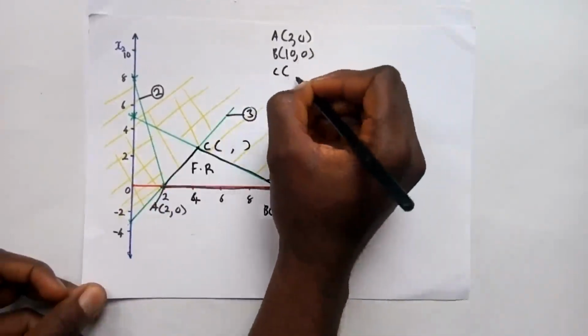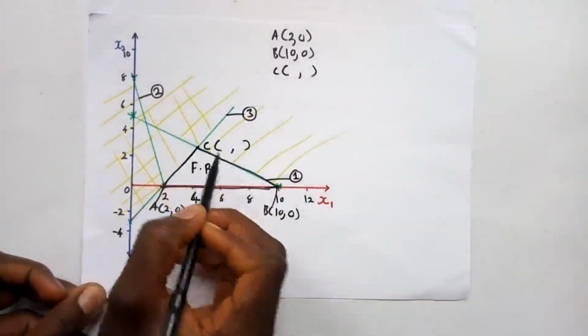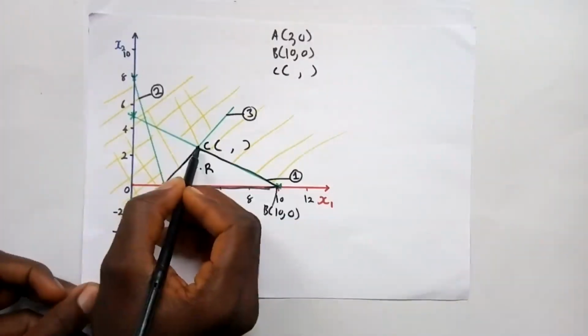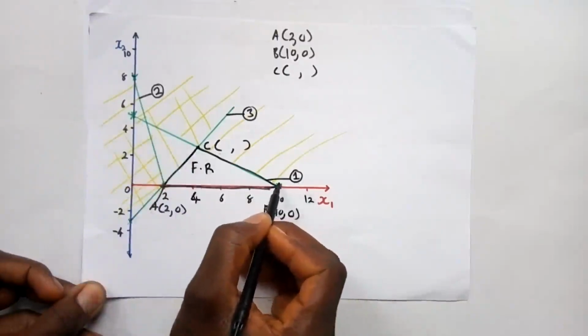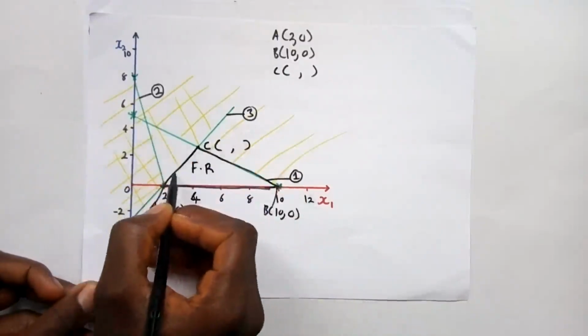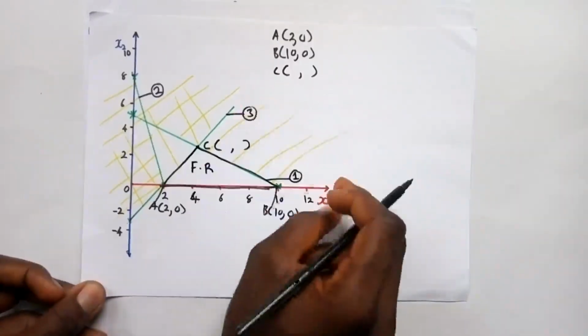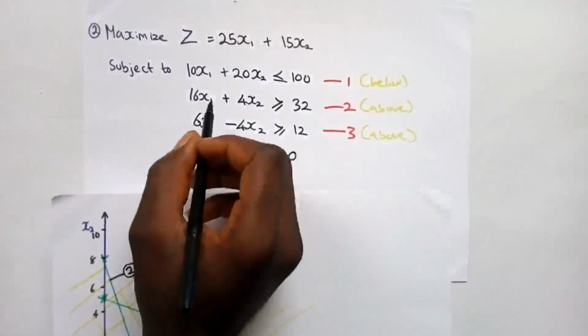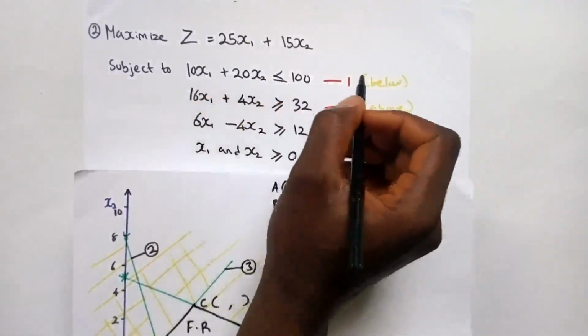And point C, we want to find point C. Look at point C here. Point C is an intersection of two lines: the line formed by the first constraint and the line formed by the third constraint. So you can solve the equation of the first constraint and the third constraint simultaneously. Look at the equation of the first constraint. 10S1 plus 20S2 is equal to 100.